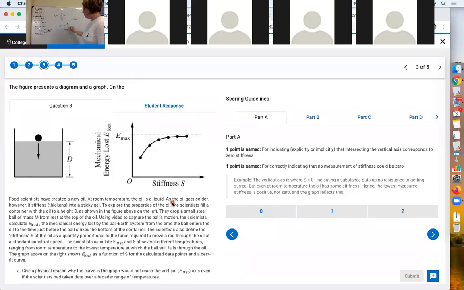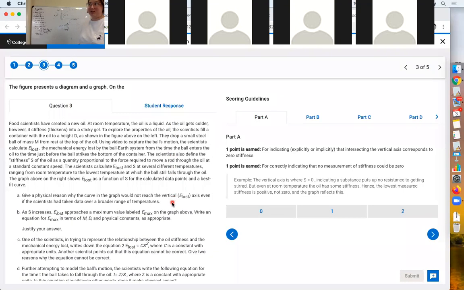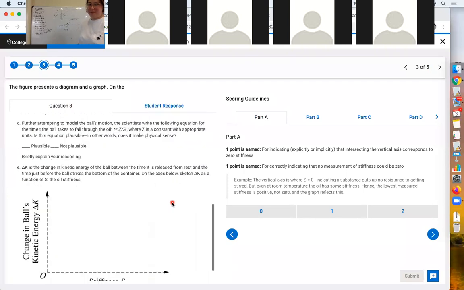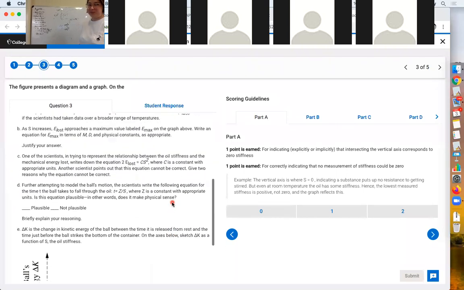D. What's the total energy it started with? E max. Yeah, so what does E max equal in terms of M, D, and physical constants? MGD. MGD, that's it.